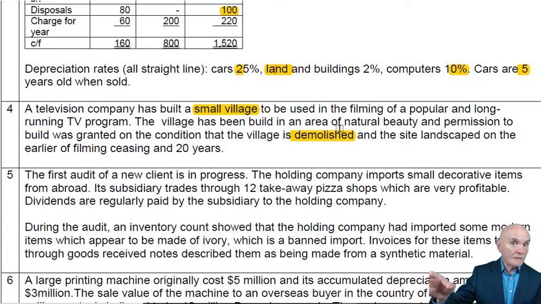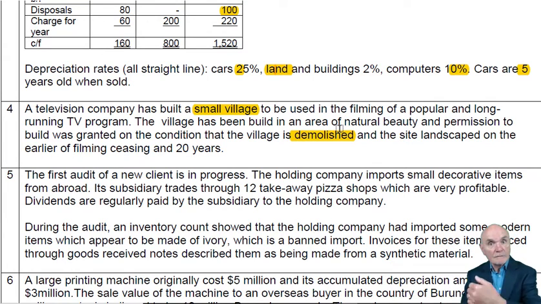But then you have to discount that, because that's a cost happening in 20 years' time. You have to discount this back to the present. And then every year you get closer to the life end of the building, you have to gradually unwind that discounting, because you're getting closer and closer to the time when you're going to actually have to pay this demolishing, dismantling cost.